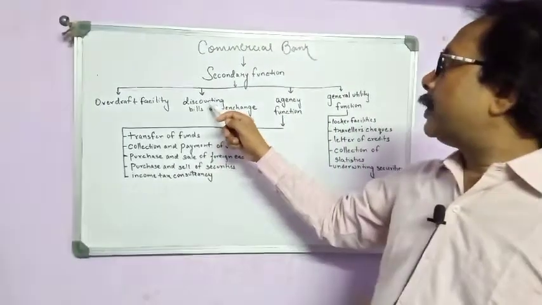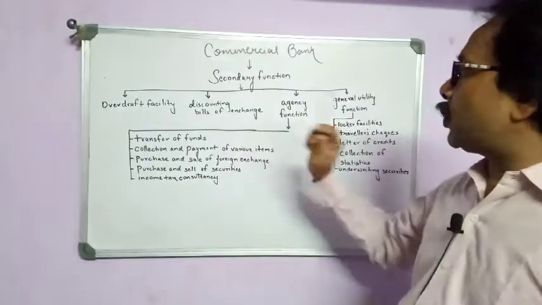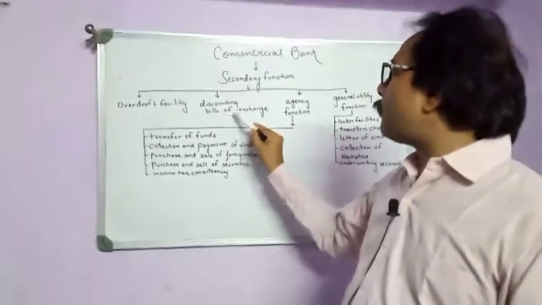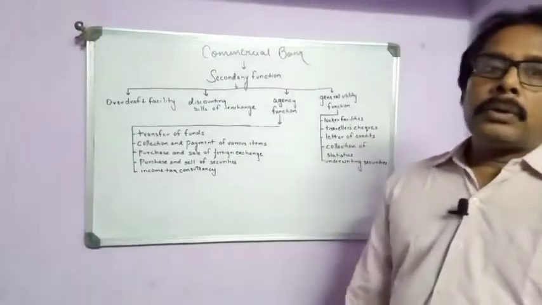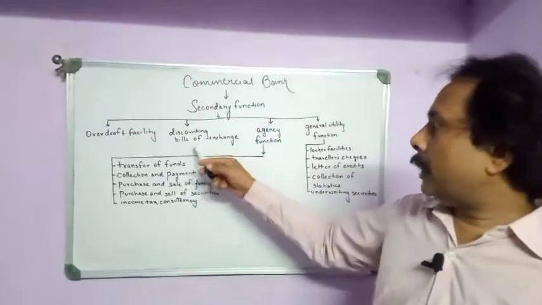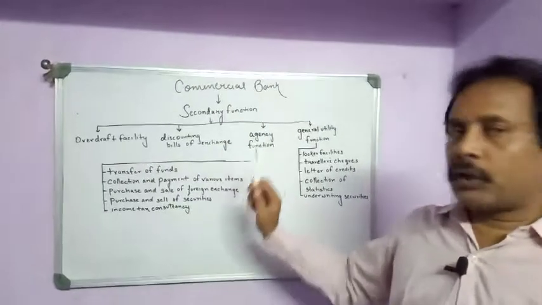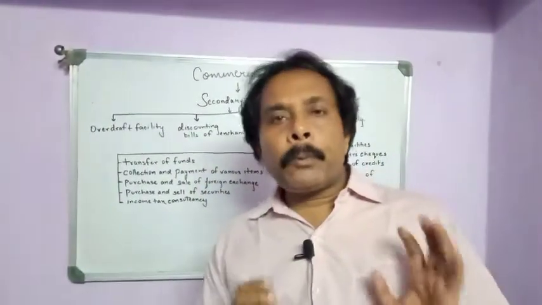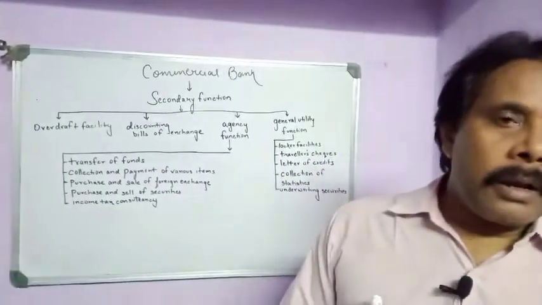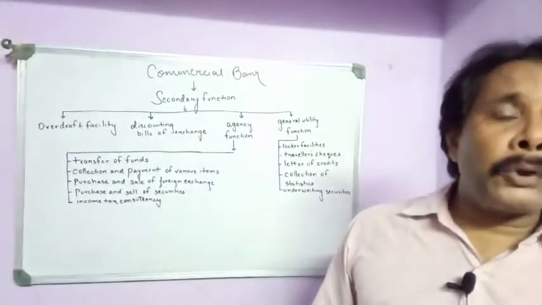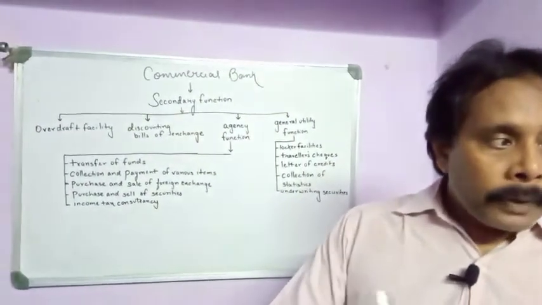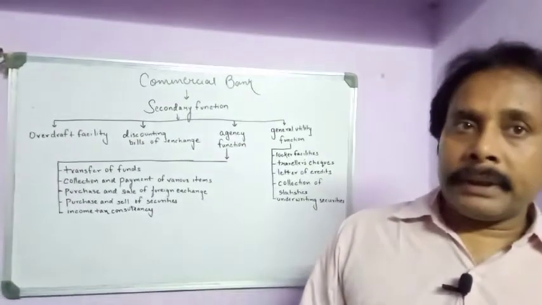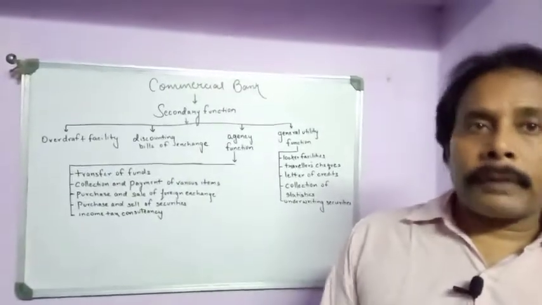Next is discounting bills of exchange. So here there is a term, the bill of exchange. Suppose a person holds a bill and is unable to make payment, but he needs money before the maturity of the bill.